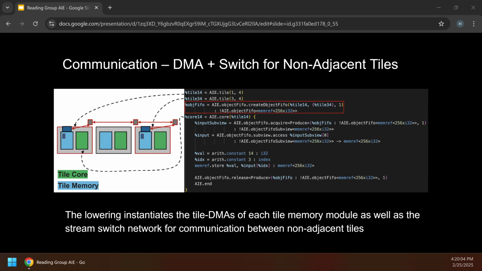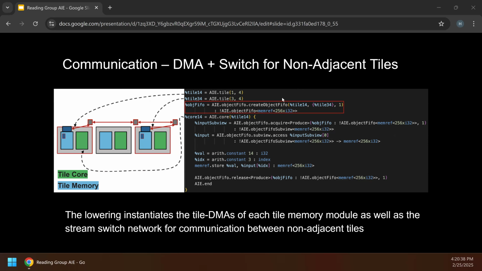So far we have discussed how communication works between adjacent tiles through sharing local memory. For non-adjacent tiles, or tiles that are far away from each other, the communication is instead done through the tile DMA and also the switch network.